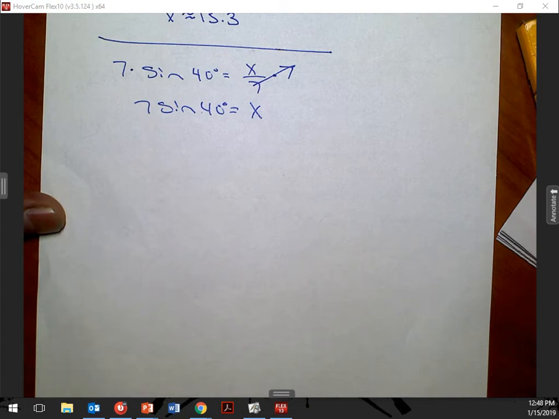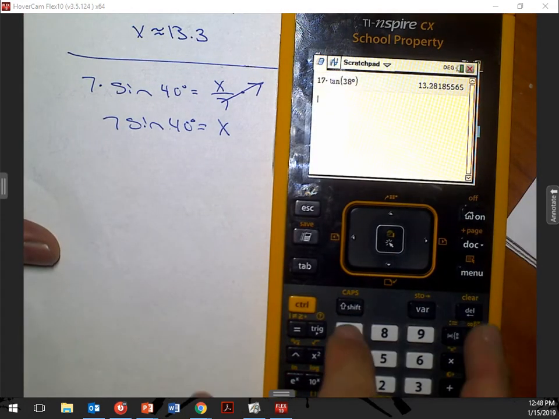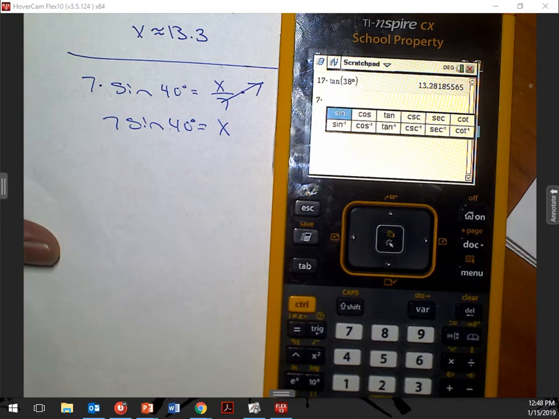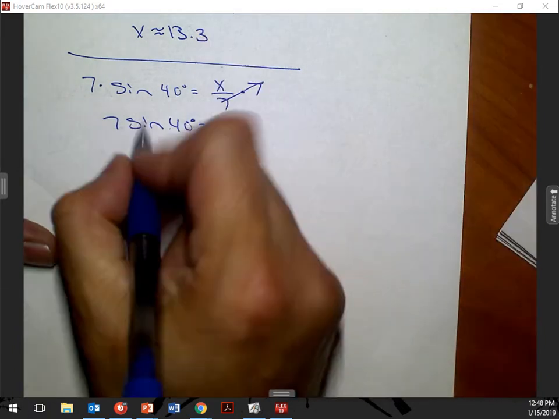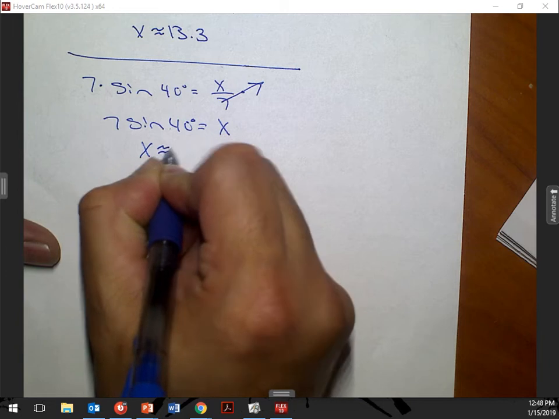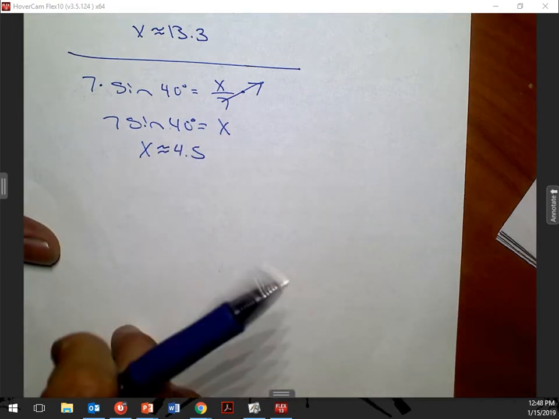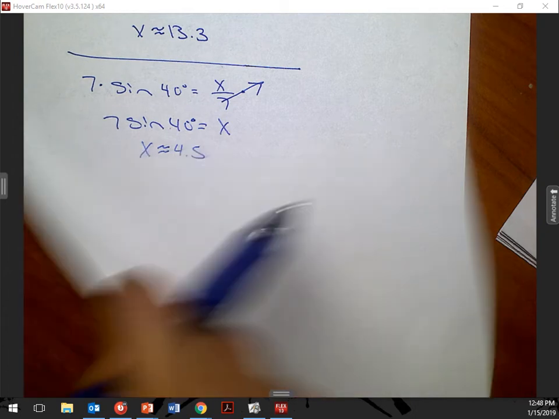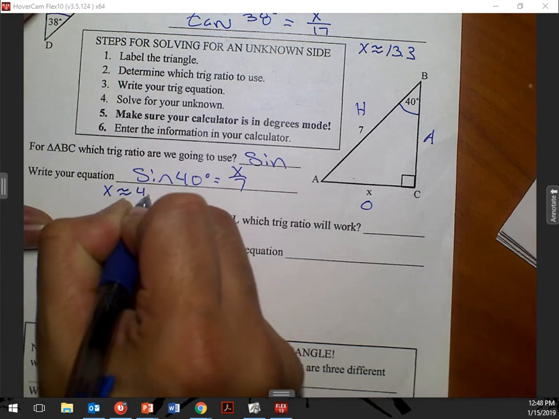Yeah. Now can I plug this in? Yes, I can. 7 times sine 40 degrees. 4.5. Very good. So x is going to be about 4.5.